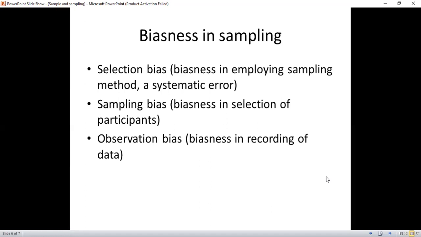So we also end up selecting a wrong sampling technique. In that case, the sample population that we get will not be very representative of the entire population.